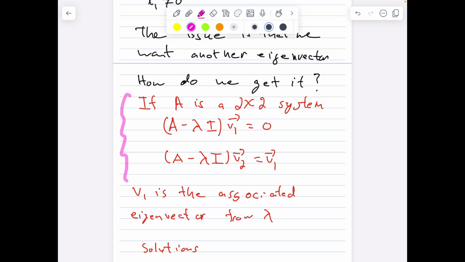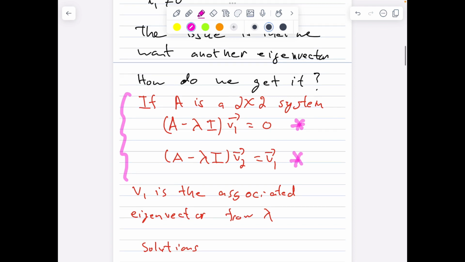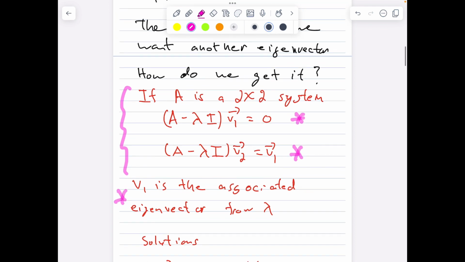If A is a 2 by 2 system, A minus lambda I times vector V1 equals 0, and A minus lambda I times V2 equals V1. We have this 2 by 2 system of equations, and we're solving for V1 and V2, essentially. You already solved for V1 from the first equation; that's why I wrote V1 is the associated eigenvector from lambda.